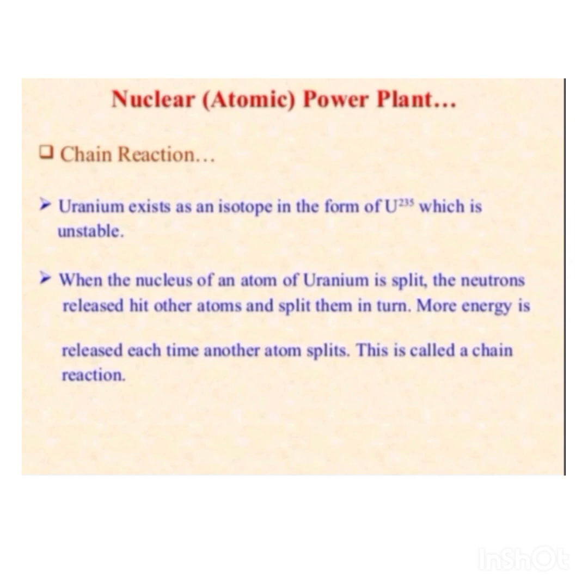Chain reaction: uranium exists as an isotope in the form of U-235, which is unstable. When the nucleus of an atom of uranium is split, the neutrons released hit other atoms and split them in turn. More energy is released each time another atom splits. This is called a chain reaction.